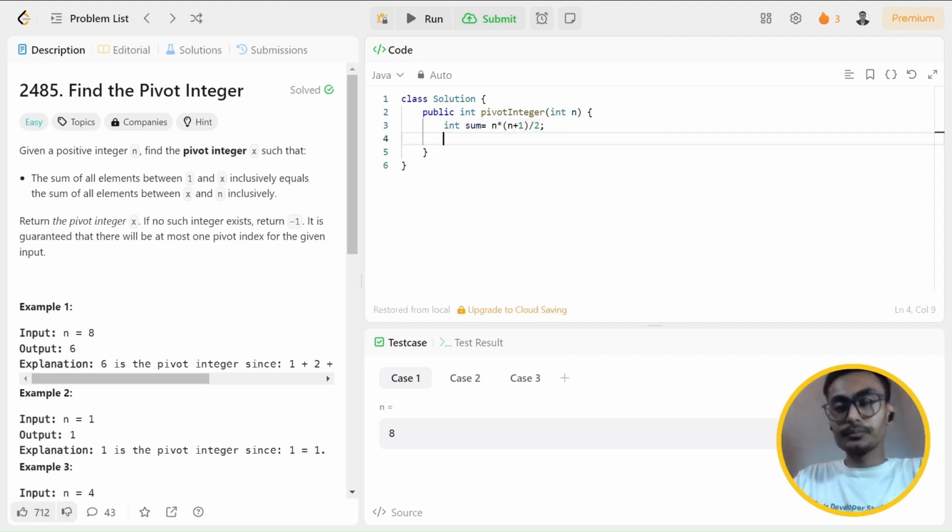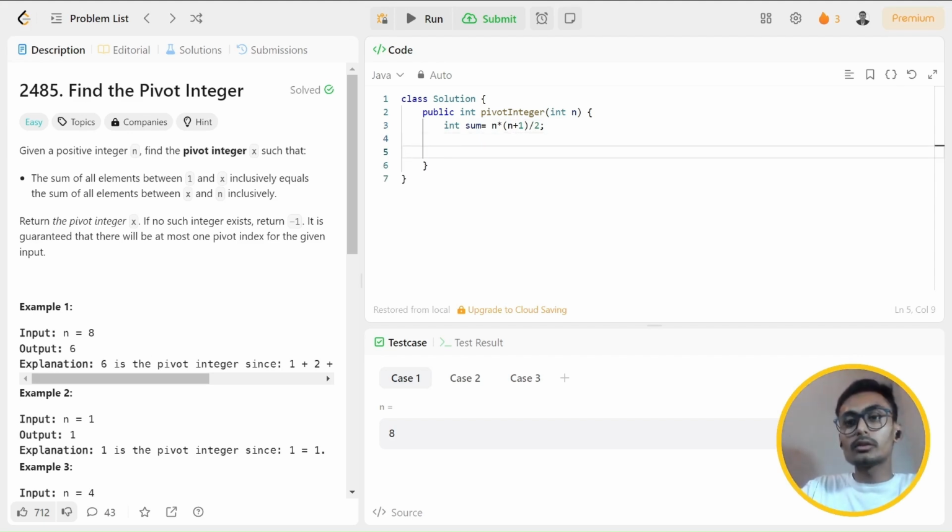Then we will calculate the square root also. Let's take double, because it may come fractional: double A is equal to Math.sqrt of sum.